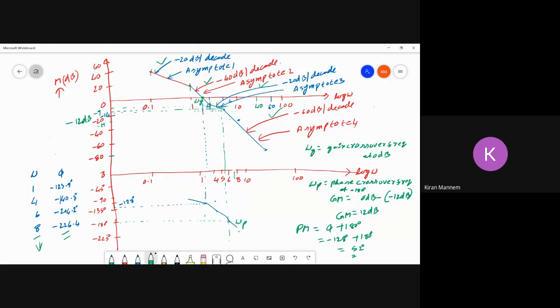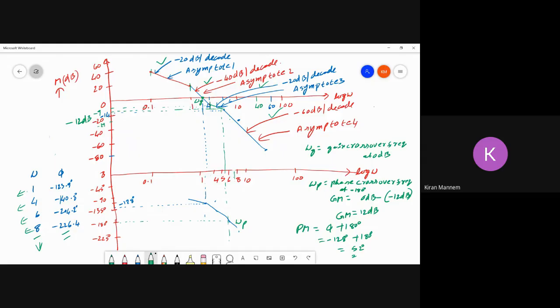So let us find out all the phase angle values for arbitrary values of omega and draw the phase plot. After that, find out the gain crossover frequency, phase crossover frequency, gain margin, phase margin.